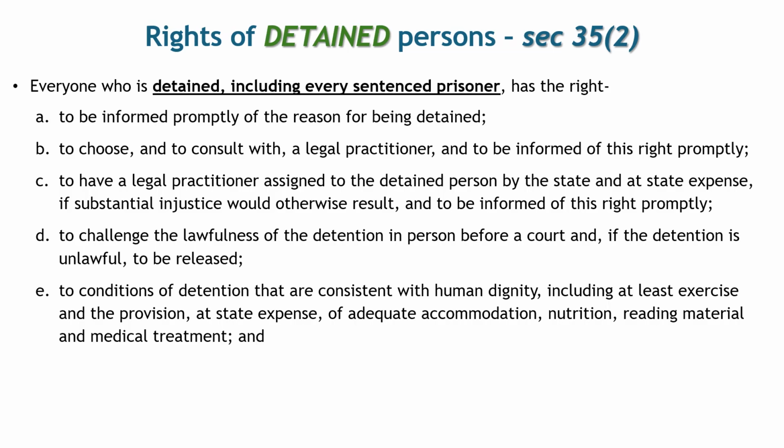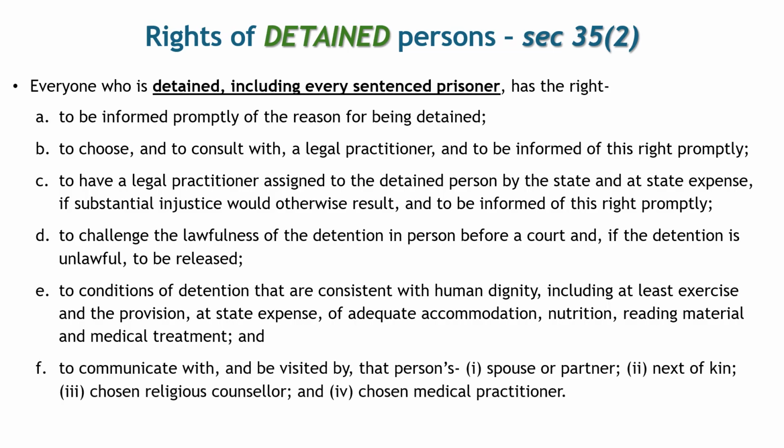Also, part of the conditions of detention, to be visited by and to be able to communicate with specific persons, such as a spouse or a partner, children, a religious counselor, a chosen medical practitioner, especially in the case of specialized medical care.